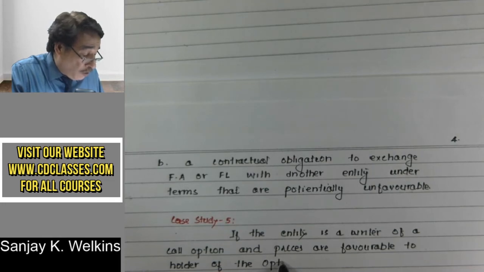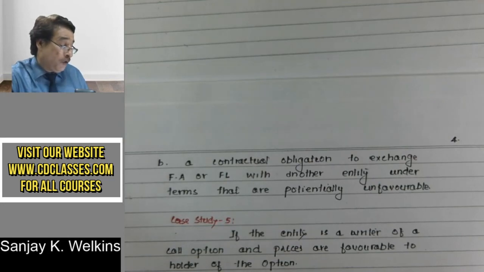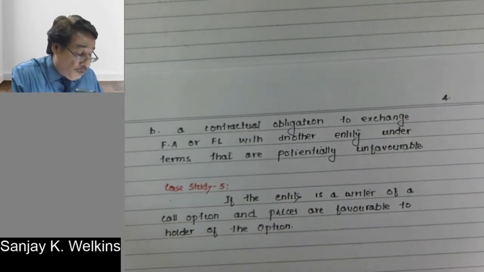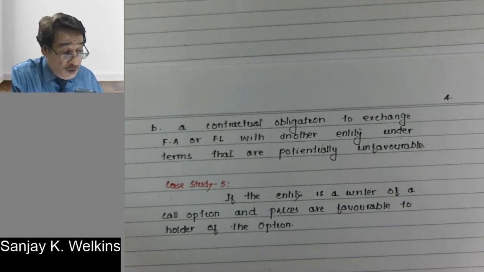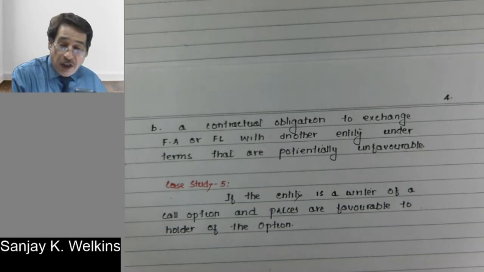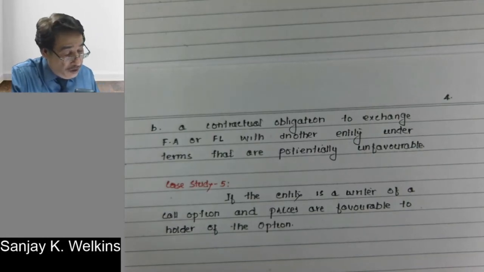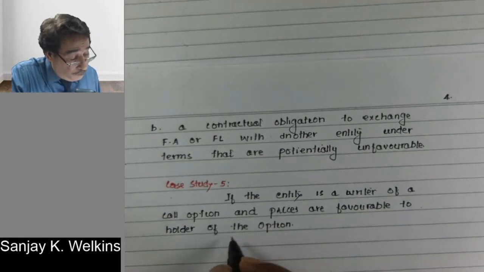So as per this contract, you are the writer and the other person is the holder of the option. Even though these are unfavorable conditions for you, since you are the writer of the contract, you have no option.